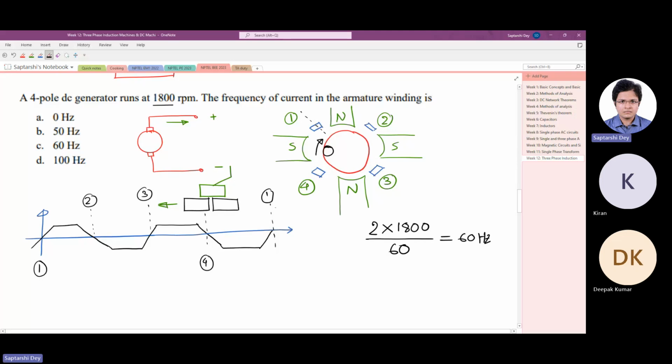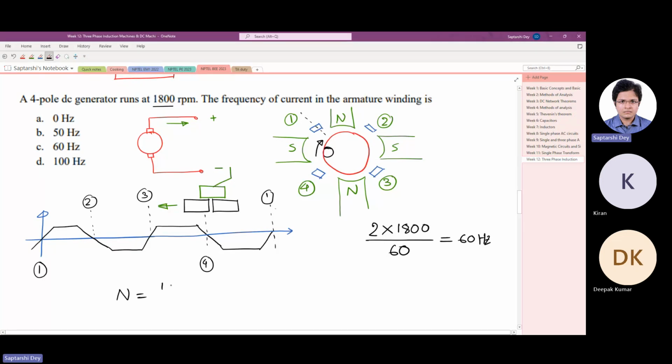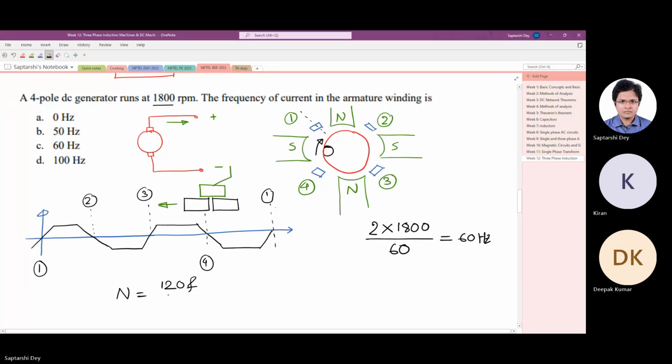Now there is a direct way of solving this using the synchronous speed formula for induction motor that we've used yesterday. Do not think that this one is only for induction motor. This is a general equation for a synchronous magnetic field.